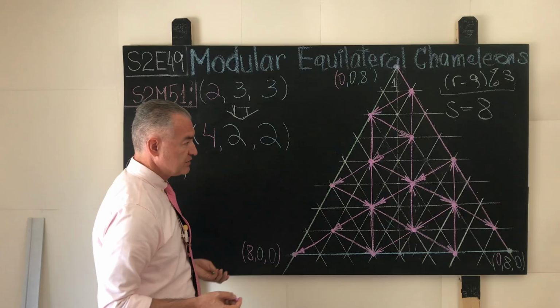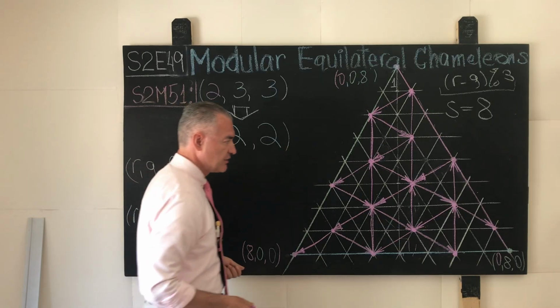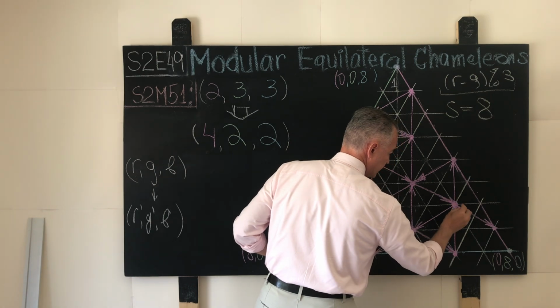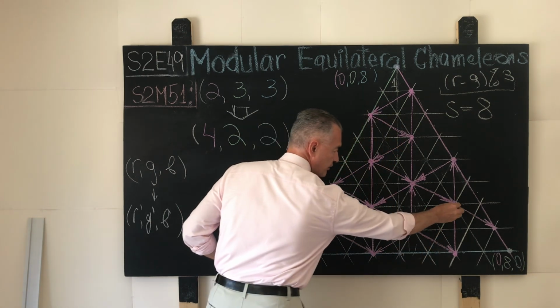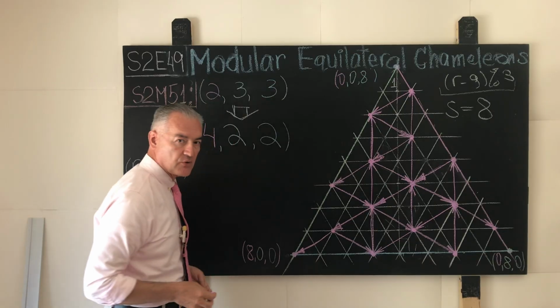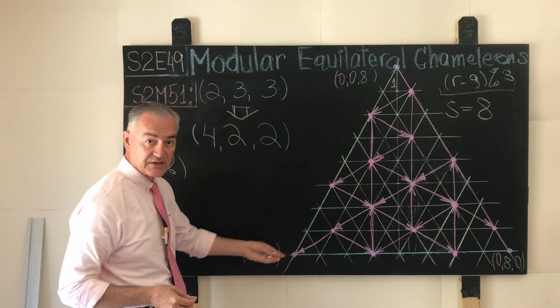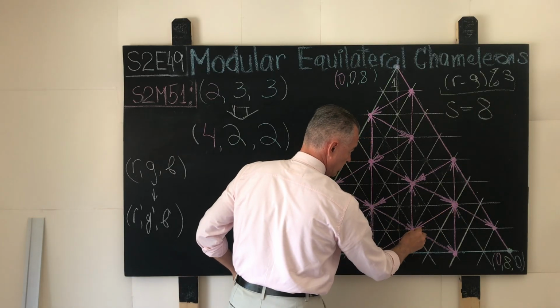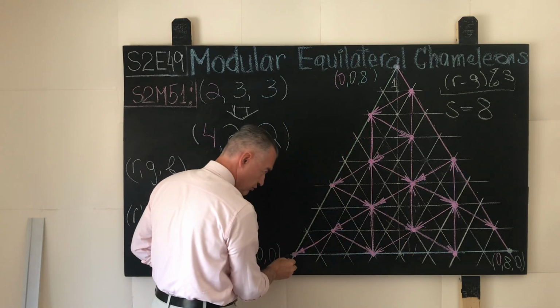For example, we see that the orbits are not unique. Let's say we are given an algebraic state of affairs that corresponds to this point. How can we transform this family of chameleons to be all red in color? Well, let's see. We can go, for example, this way, and then boom, home run.